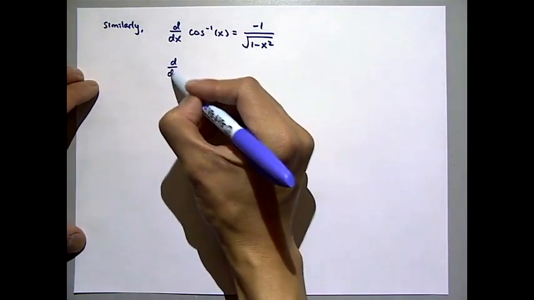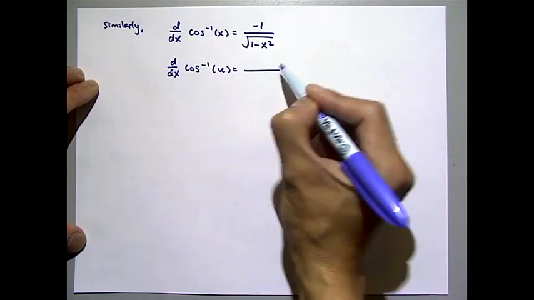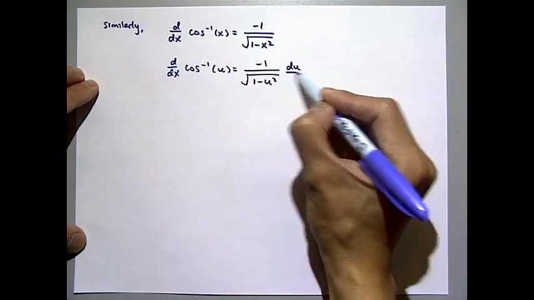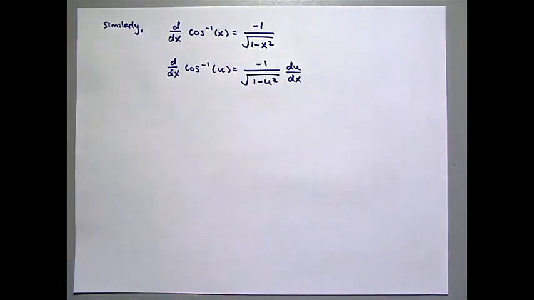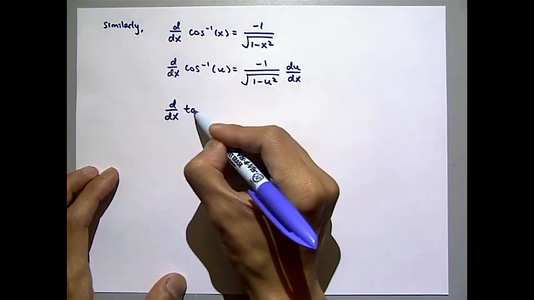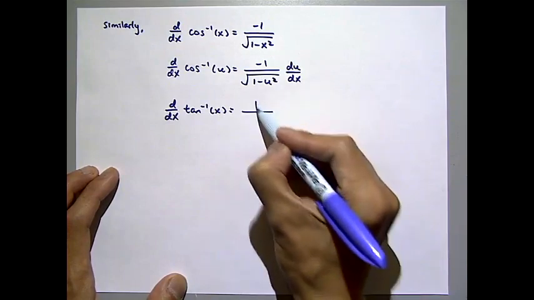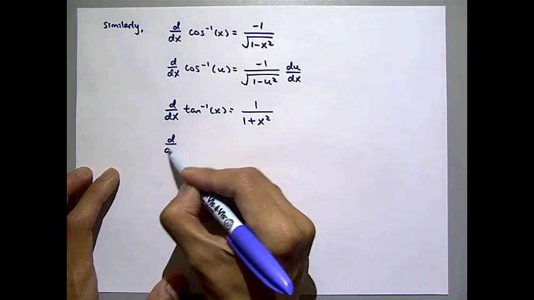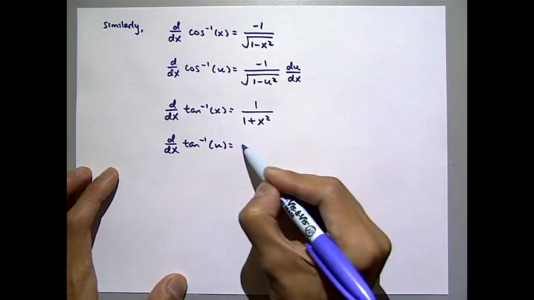And of course, if you know the basic rule, then chain rule doesn't change much. And then for inverse tangent, we get 1 over 1 plus x squared. And once again, if you know the basic rule, you know the chain rule.